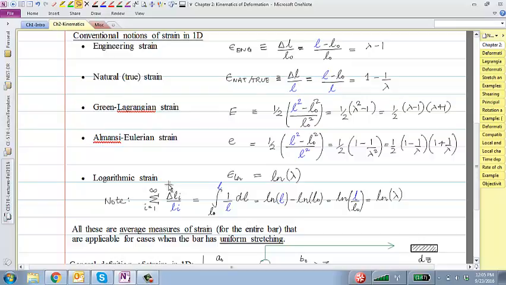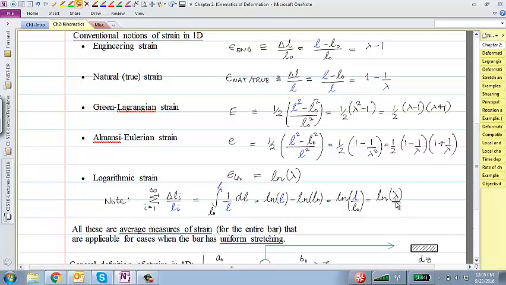So people said, okay, we'll do change in length over the entire process and integrate that through the deformation process. So something like delta L over the current length integrated over the entire deformation process, which gave you the integral of 1 over L dL, and that of course happens to be just the logarithm of lambda, the logarithm of the stretch.